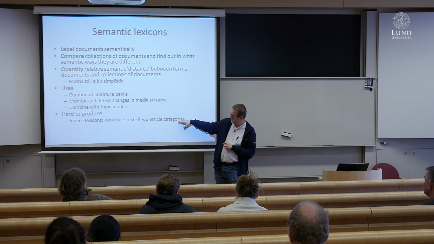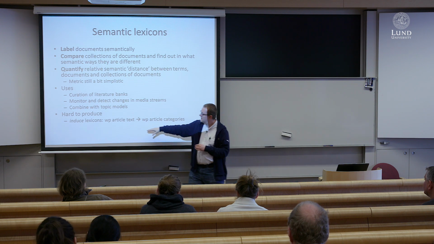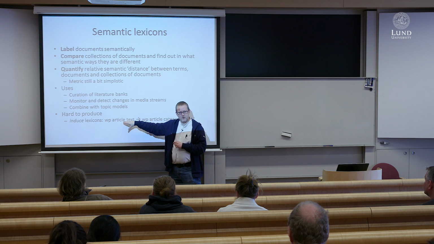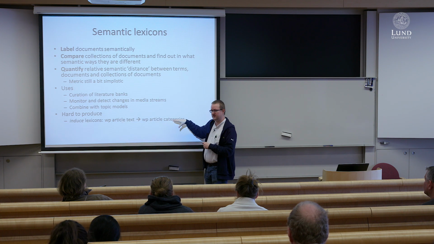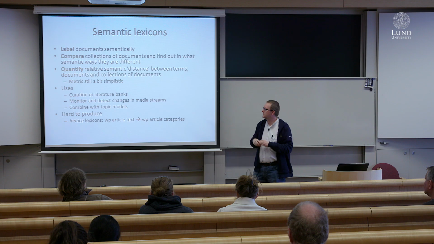We can induce lexicons, for instance, by comparing the text of a Wikipedia article with the category of that Wikipedia article. If we can relate that in some way, we should be able to automatically produce a version of this lexicon. So that's where I finish, I think.